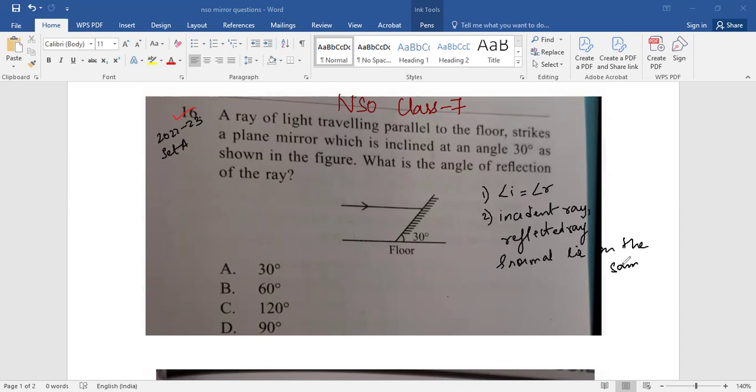Generally, the normal and the incident ray make a 90-degree angle. This is not a law, but a deduction from these. These are the things that we're going to use to solve these questions.